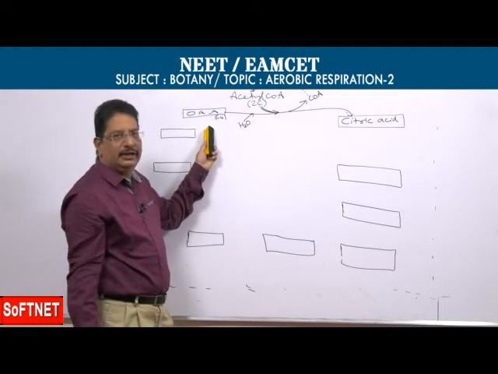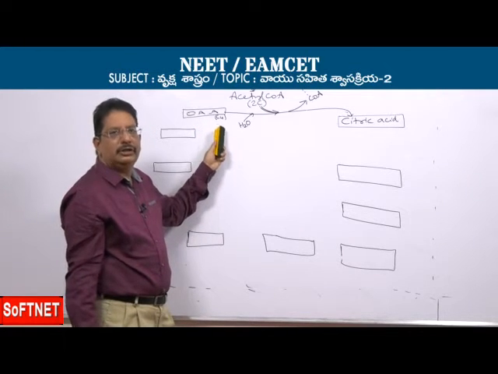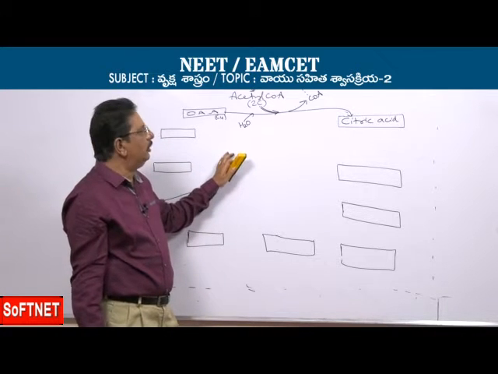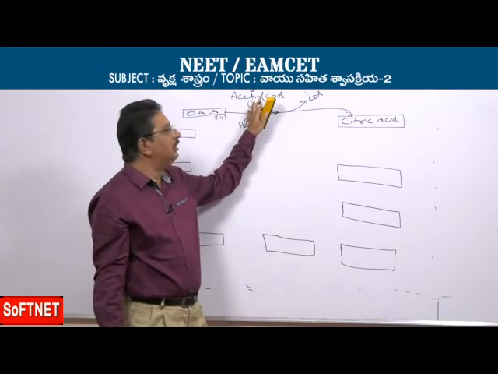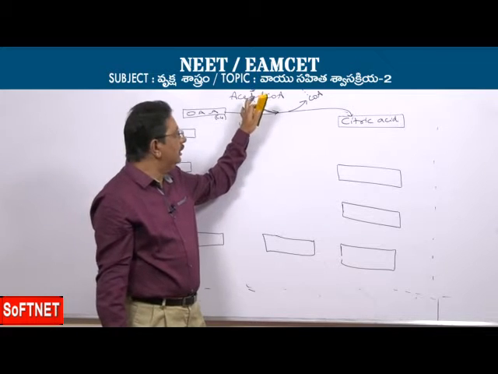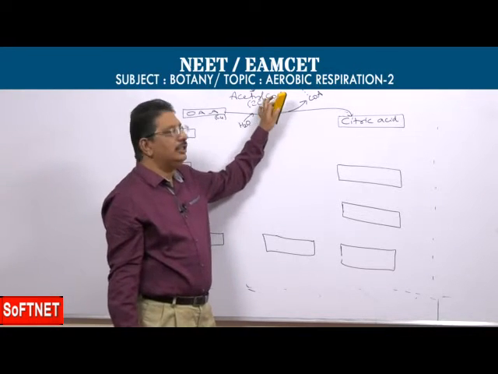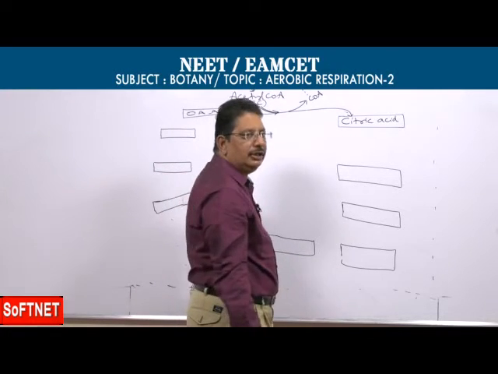So OAA is a prepared substance in the mitochondrial matrix taking part in the oxidation and decarboxylation of the acetyl coenzyme. So on condensation, acetyl coenzyme forms citric acid.